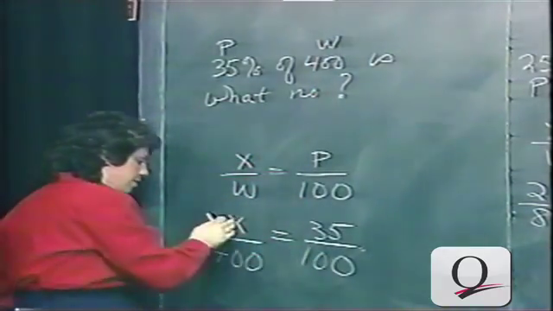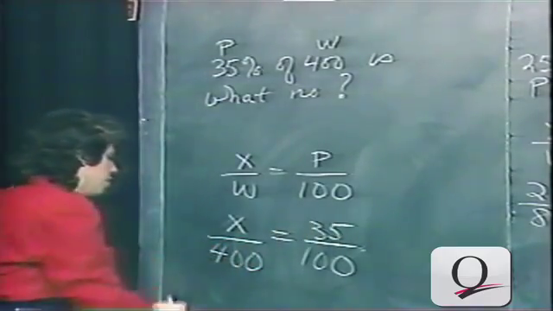100 times something has to be equal to 35 times 400.